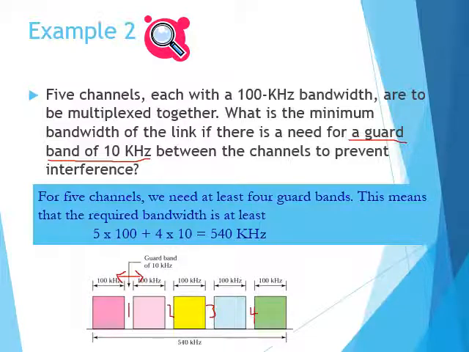So you need to consider 4 guide bands, 4 times 10 equals 50. Each channel has 100 bandwidth, so times 5, so the total is 540.